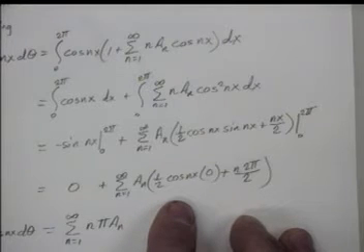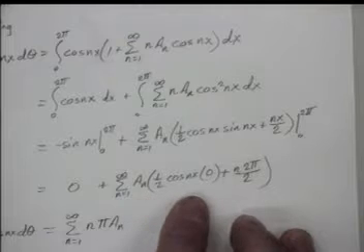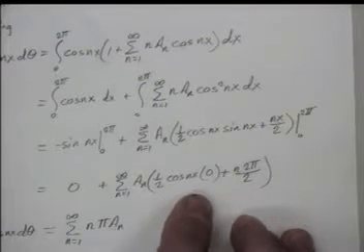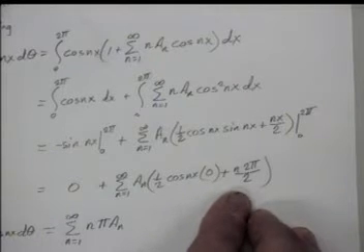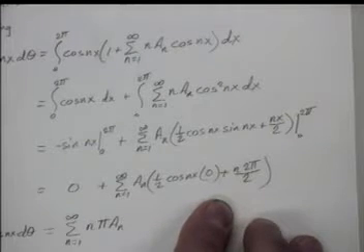Once we apply the limits, we find that the first portion of the terms inside the parentheses goes to 0, and we're left with n times 2 pi divided by 2, or just n pi.